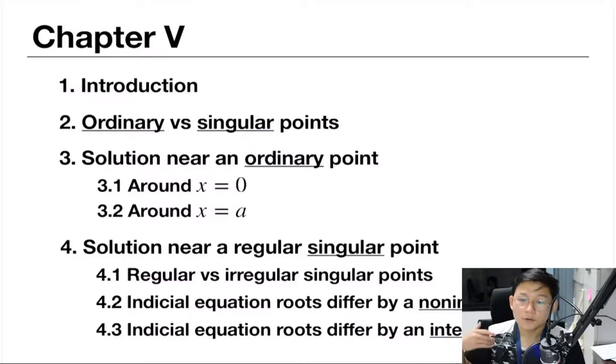First, we're going to be talking about regular versus irregular singular points. In section 2, we talked about the difference between the ordinary and singular points. Singular points can be classified into regular and irregular, and we're going to talk about what is regular and what is not regular, so-called irregular.